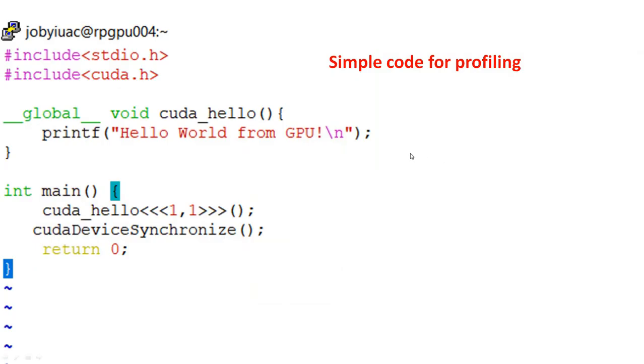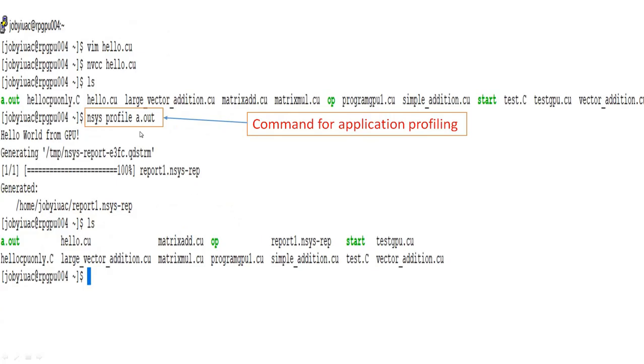Now, when you come to the execution of a program on an HPC machine, see, it's a simple program called hello world. There is a CUDA device synchronize to synchronize one block and one thread. When we profile it, we have to run nsys profile a.out.